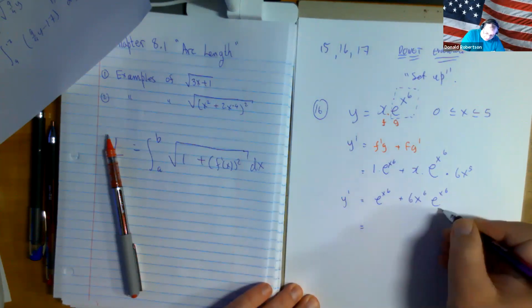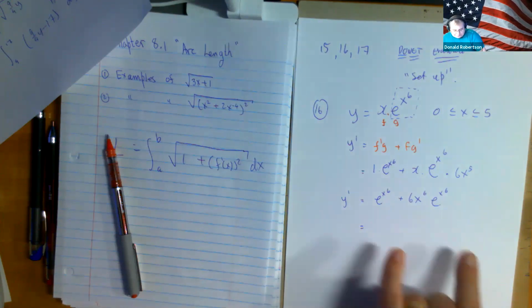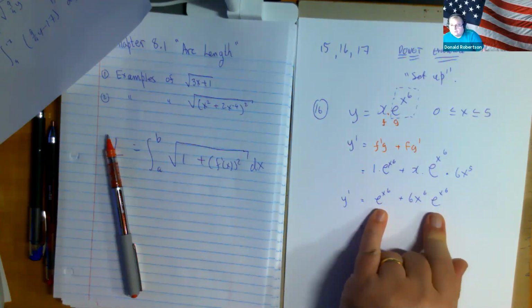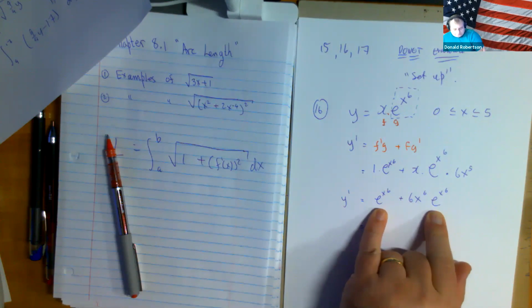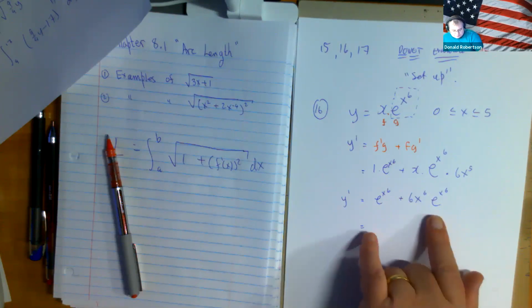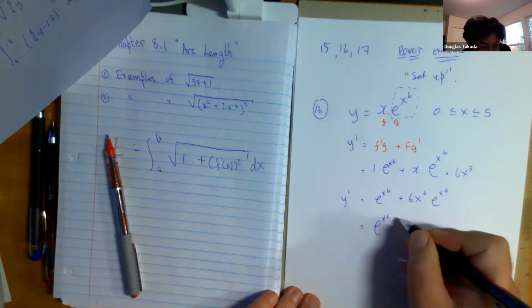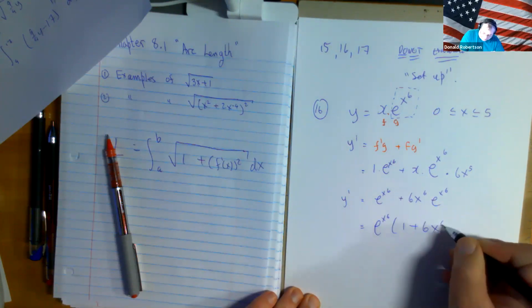Algebraically, is there anything I can do to this to make it look a little bit prettier? Any ideas? Factor out e to the x to the 6. Yeah. It's not a lot, but you do what you can, right?